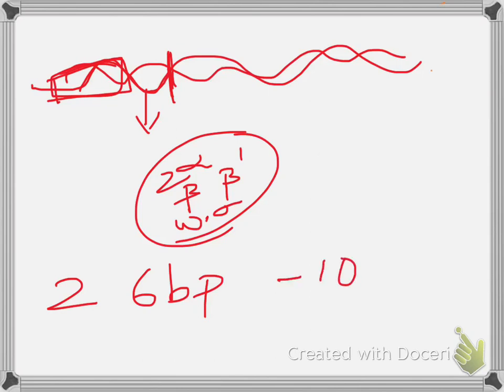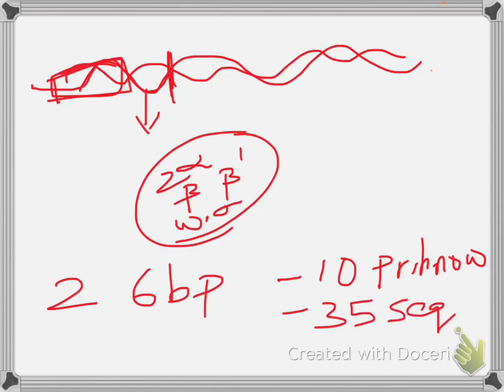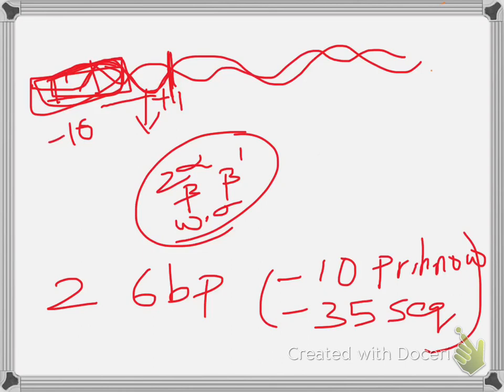They are the -10 sequence, also known as the box, and the -35 sequence. These two sequences lie within the promoter region. The start site we can take as +1. From here, 10 base pairs upstream we can see the -10 region, and 35 base pairs upstream we can see the -35 region.